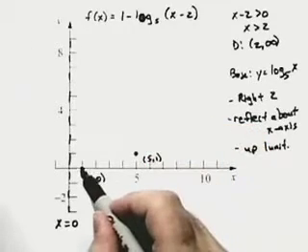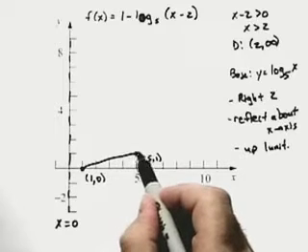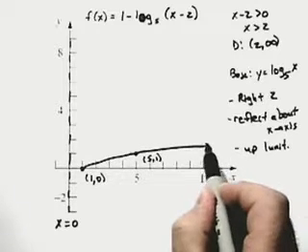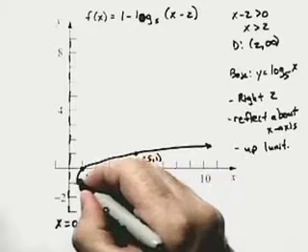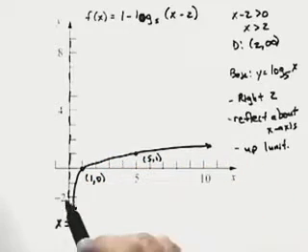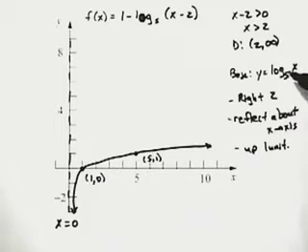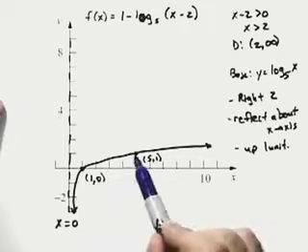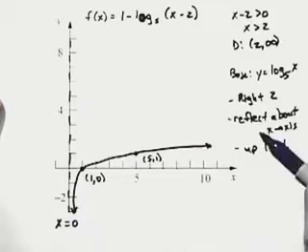If we go ahead and connect those, and then as we approach our vertical asymptote as we go towards the left, we have a rough graph of our base function, log base 5 of x. And we're going to apply our transformations to the 2 points that we plotted and our vertical asymptote.